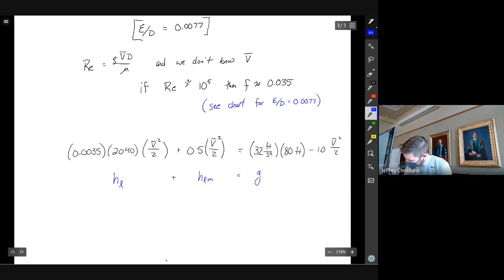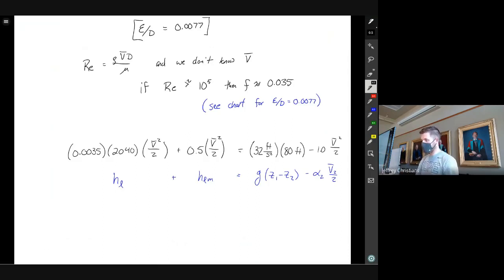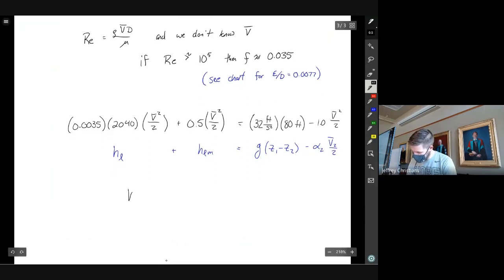So that would be g(z1 minus z2), our height difference of 80 feet, minus alpha v2 squared over 2. Okay, and then we would solve that for velocity, and then we could solve that for flow rate. So this would give us a velocity of about 7.8 feet per second.